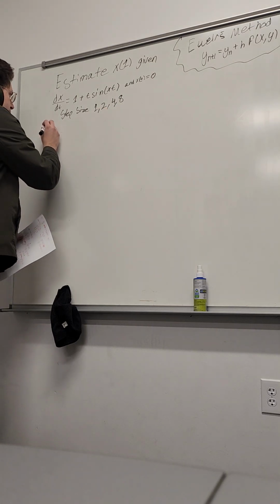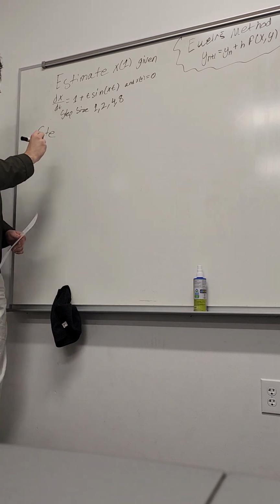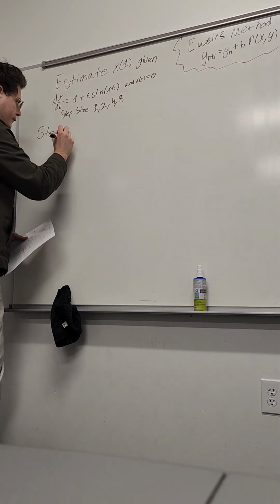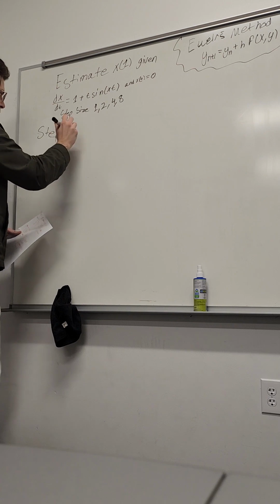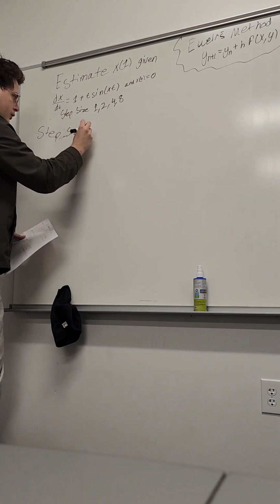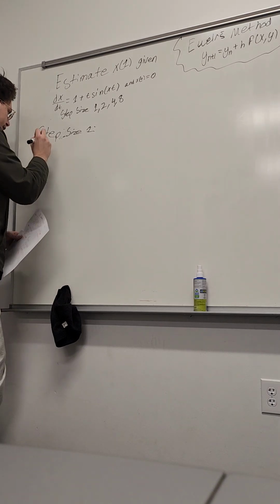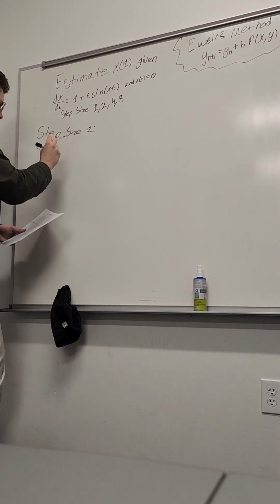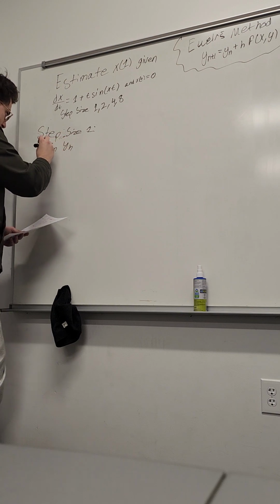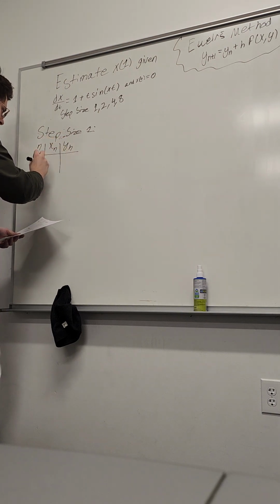So for step size 1, let's make a little chart of values of our step number, our x value, and our y value that we get, in order to plug it into the formula.